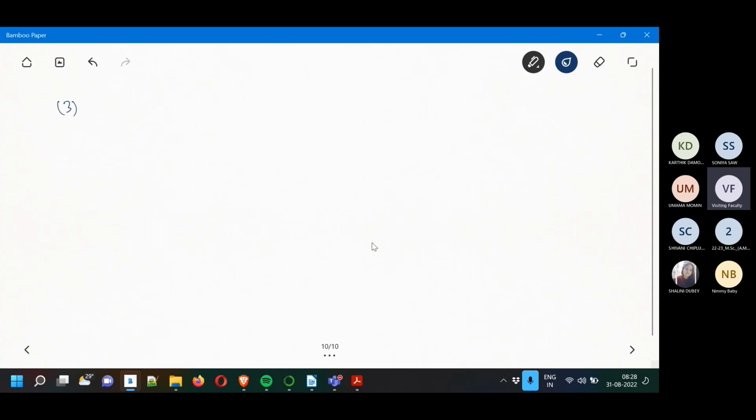Next one. Now, this is even easier. So this I want to leave it to you. So f of n, if it is tilde g of n, then it implies f of n is theta g of n.